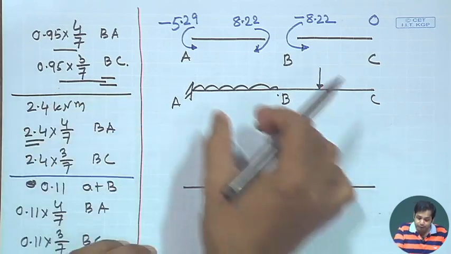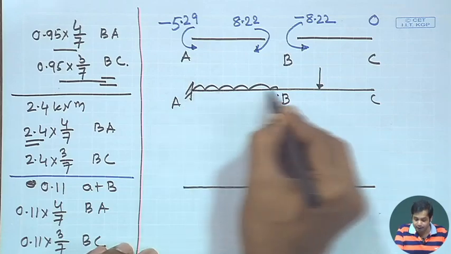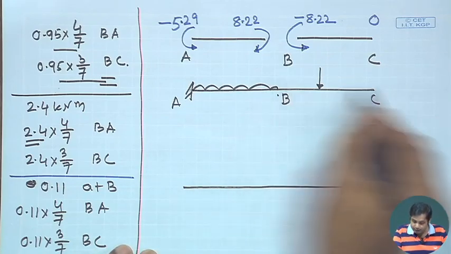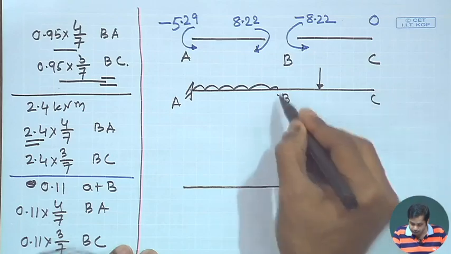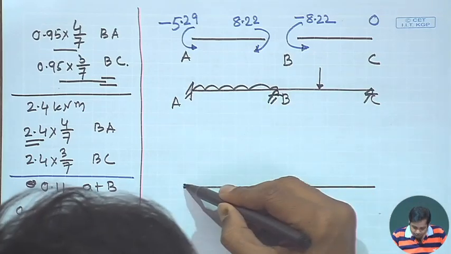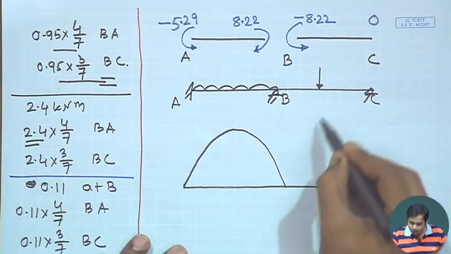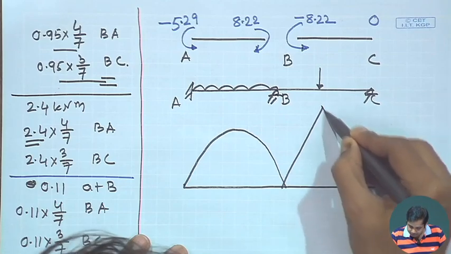Okay. Now, the bending moment due to this, if we release this moment end, then it becomes simply supported, and this is also simply supported. So this will be this, and the bending moment for this will be this.